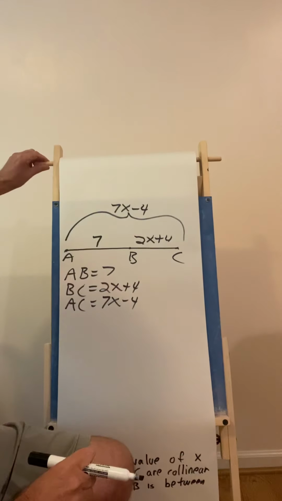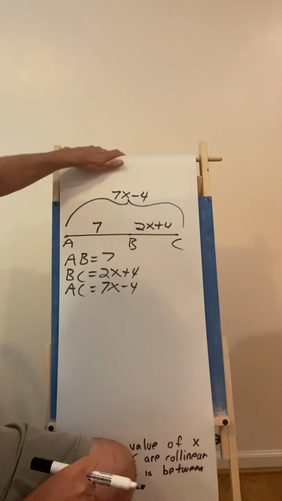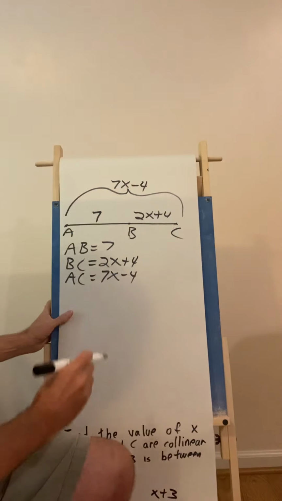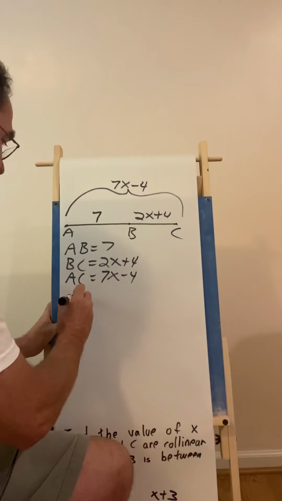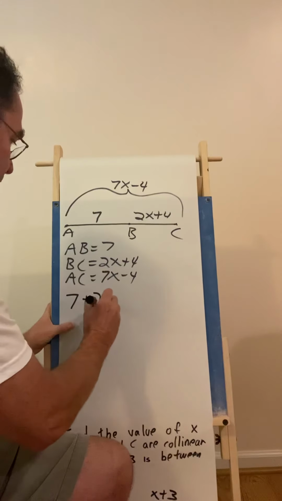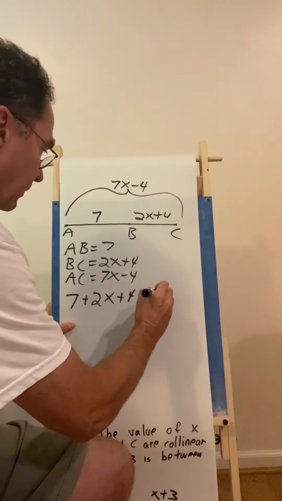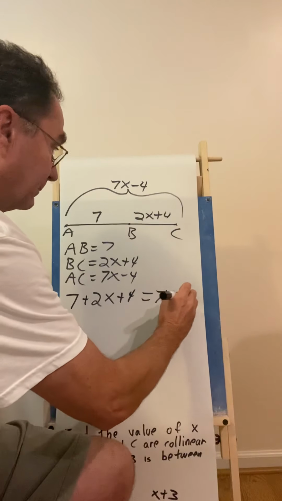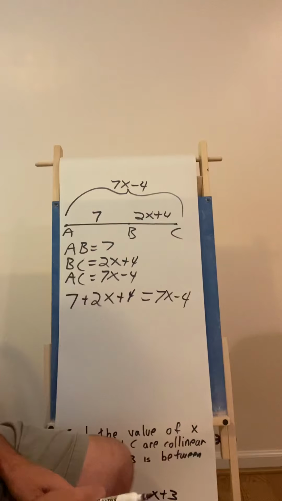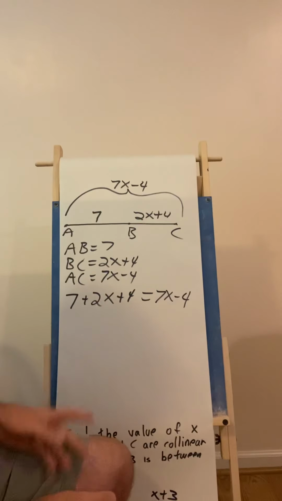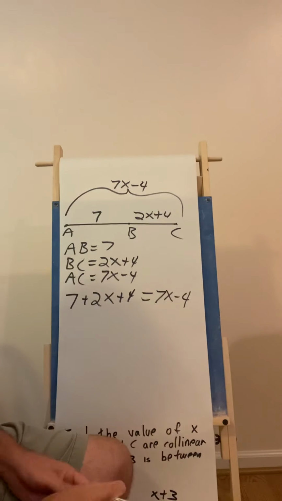Okay, so the equation is going to be set up the same way. We're going to take the two parts, the 7 plus the 2x plus 4, and it's going to equal the whole thing, 7x minus 4. Okay, let's go through our steps. Again, no parentheses. So let's combine like terms on the same side.